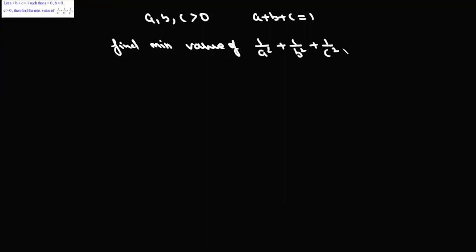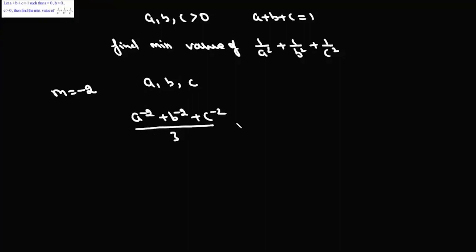Now here what we'll do is we'll use the mth power mean for a, b, c considering m as minus 2. Now we know that (a to the power minus 2 plus b to the power minus 2 plus c to the power minus 2) upon 3 will be greater than or equal to ((a plus b plus c) by 3) whole to the power minus 2.